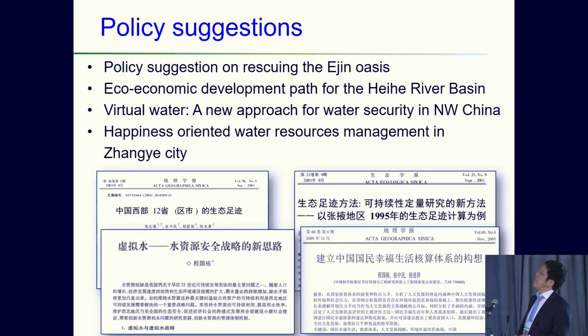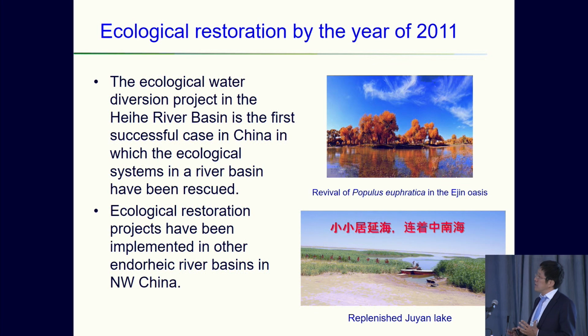And we are thinking of virtual water as a new approach for water security for the whole Northwest China. We also try to propose some happiness-oriented water resource management in this river basin. I cannot say all these policy suggestions work, but partially they help to change the mind of the policy makers.